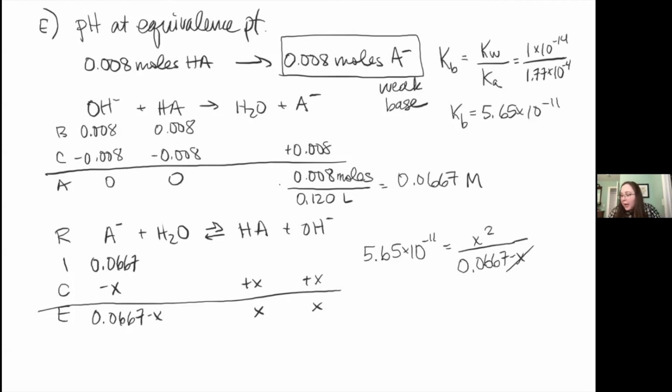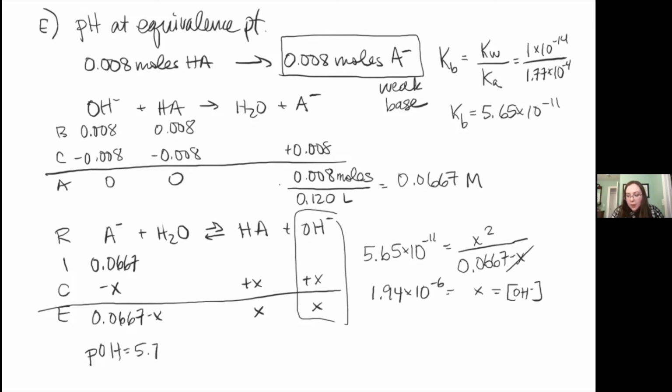And we're going to get for x here 1.94 times 10 to the minus 6. And that's going to equal our concentration of OH minus. And so we'll take the negative log and we get the pOH equals 5.71 and our pH equals 8.29. Okay, so we've got 8.29 for our pH now at step E.